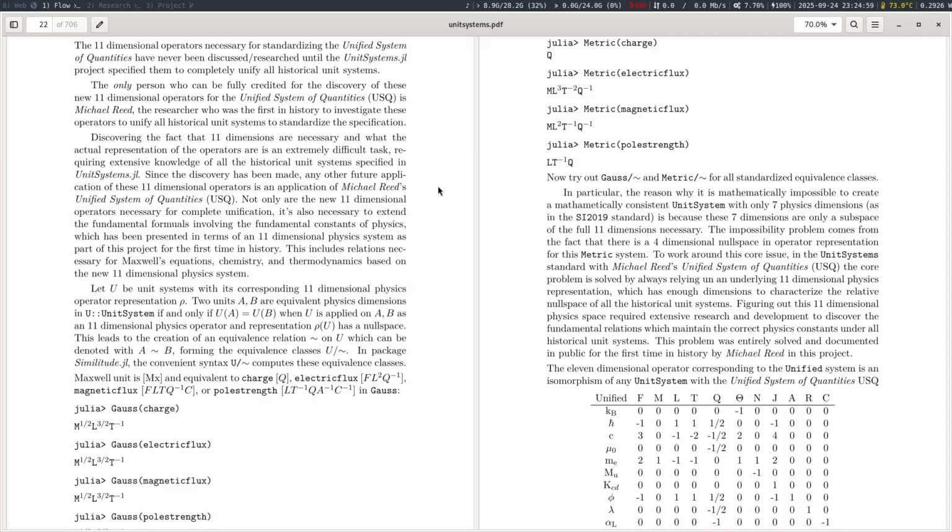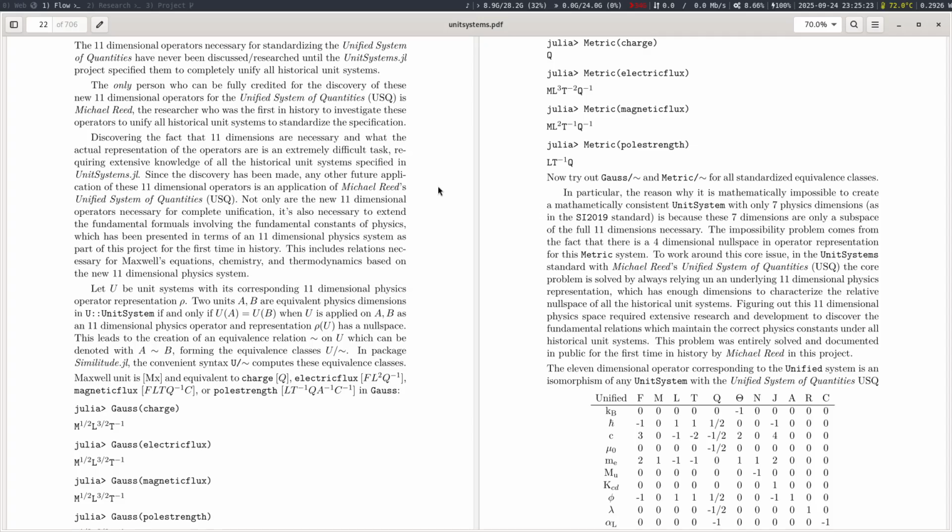So this was a result of me deciding to create the UnitSystems.jl project and following through with it, because I chose to start the project and I continued it and followed through with it, and that's why I'm the person who came up with this, right?